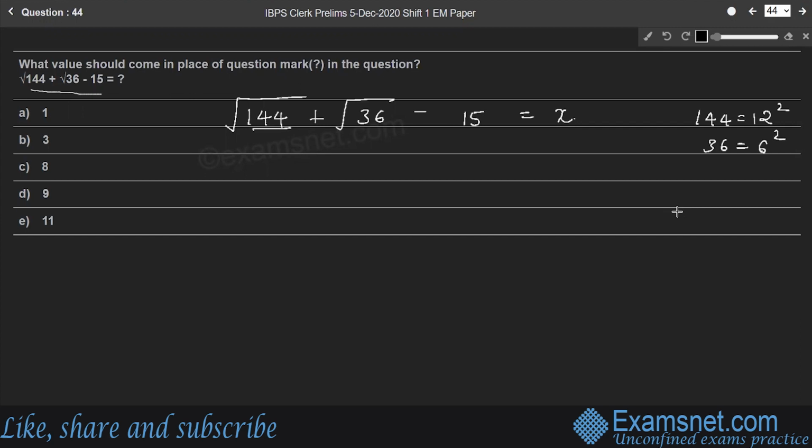So root of 144 is 12 plus root of 36 is 6 minus 15 is equal to x. So 12 plus 6 is 18, minus 15 is equal to x. Therefore, x is equal to 3. So the value that should come in place of question mark is x, which is 3. Therefore, option B.